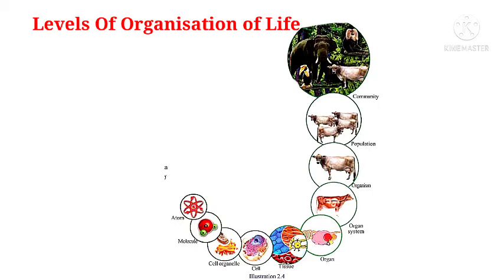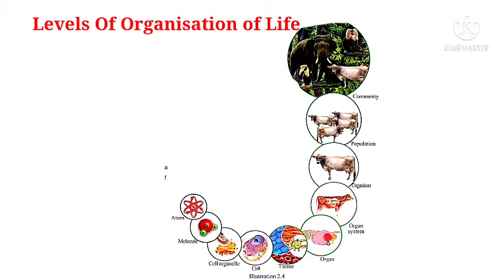Now we shall discuss the levels of organization of life. The levels of organization begin from the atom. Several such atoms combine together to form a molecule. Then molecules combine together to form cell organelles. And we know that cell organelles together form a single cell, and several such cells combine together to form a tissue. Then tissues combine together to form an organ.